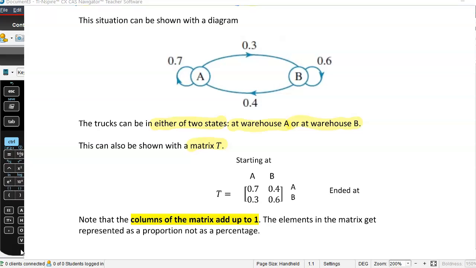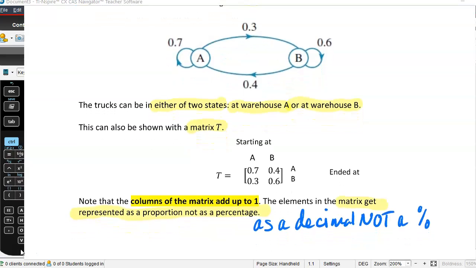And in the matrix, we represent this as a proportion, not as a percentage, i.e. as a decimal. So we always use the decimal, not the percentage.